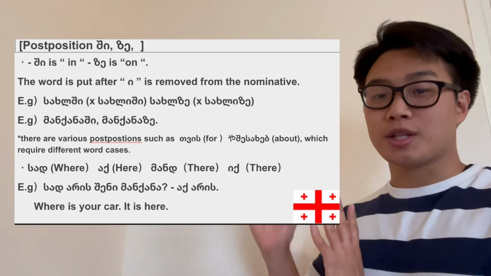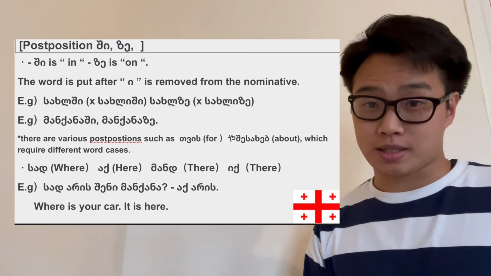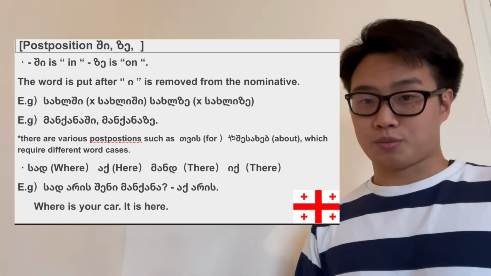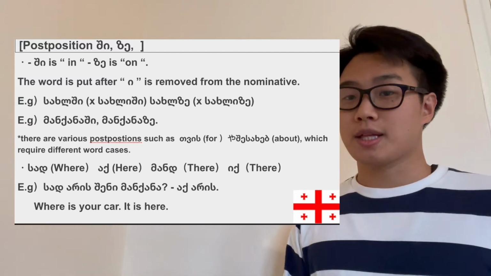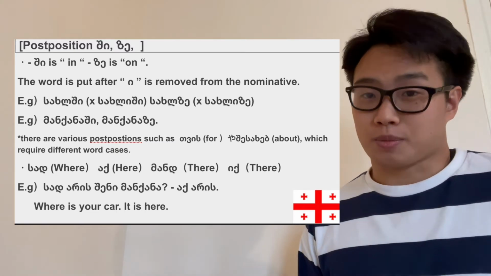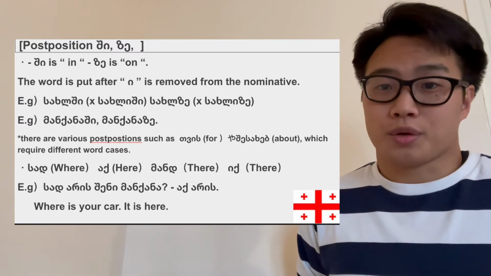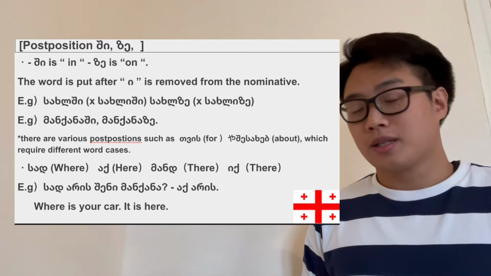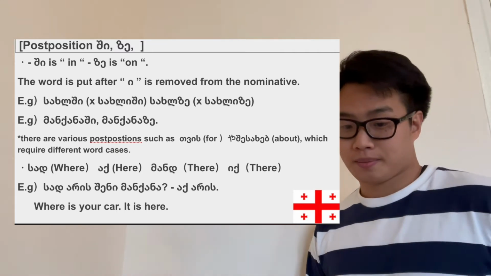As for shi and ze that we learned just now, they require different cases, right? So we have to remember which cases the postpositions actually require. In this video, we are going to remember only shi and ze, but gradually, eventually, you have to remember other postpositions and their required cases as well. So please keep that in mind. But in this video, as I said, just memorize shi and ze, right?